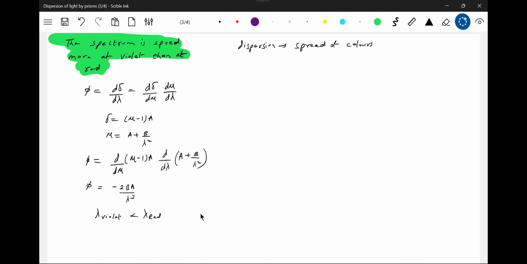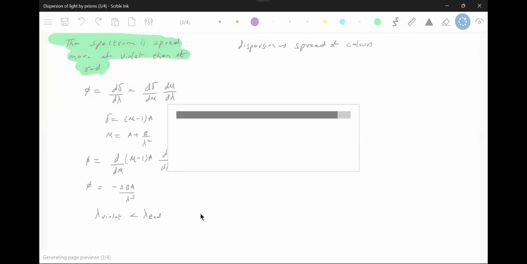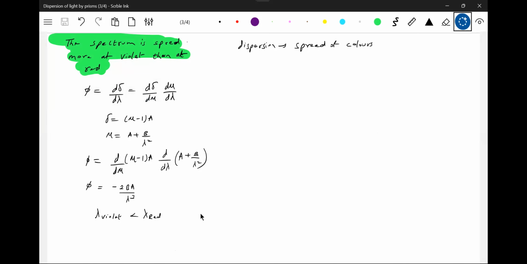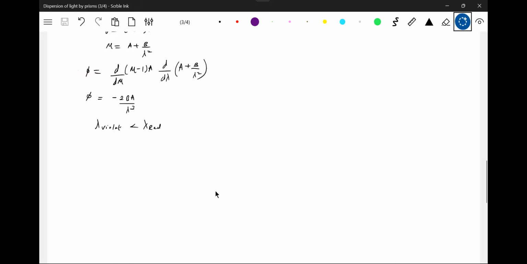Okay, this is the theoretical background we have brought here. So next we'll go for the application part of this. First, deviation without dispersion.